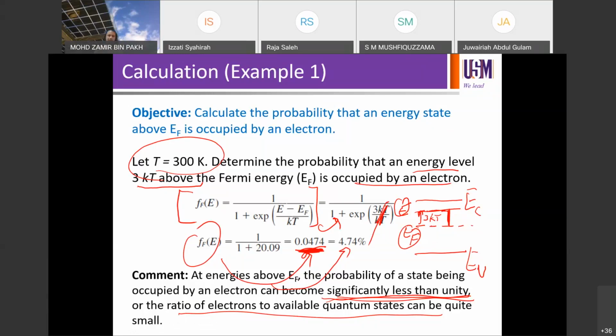Okay, that makes sense. So that will lead you to calculation number 2, where you compare your Fe at higher temperature, for example at 600 Kelvin, to the reference. Your reference is at 300 Kelvin, room temperature.